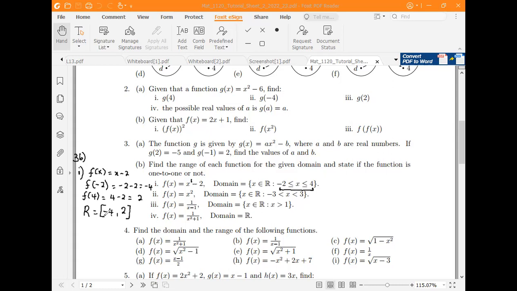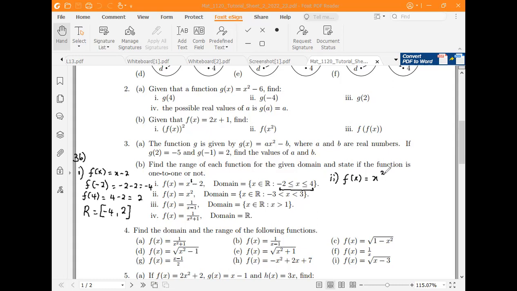For functions like 2, which has a square, f of x is equal to x squared, you check if in the interval given there is a 0. If 0 is there, it means that the minimum value, the lowest value, is going to come from when you use that 0. Because the other numbers will be giving us the same values, whether negative or positive, because the x has been squared.